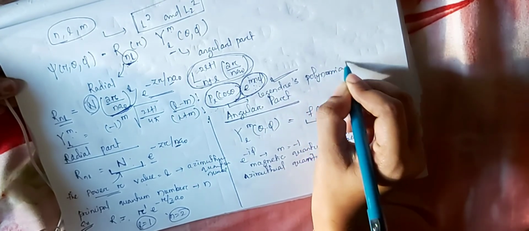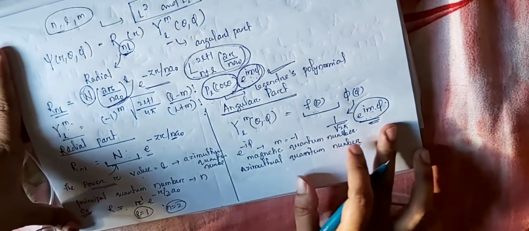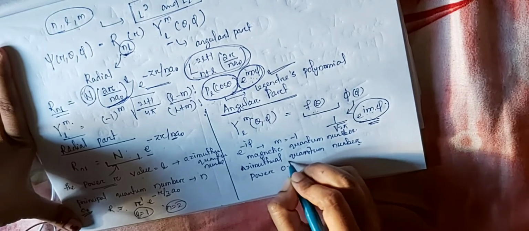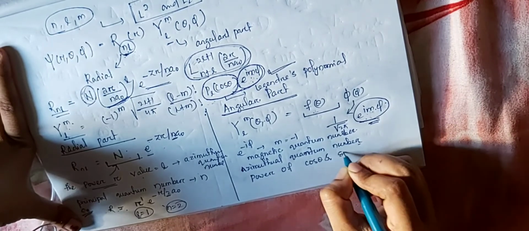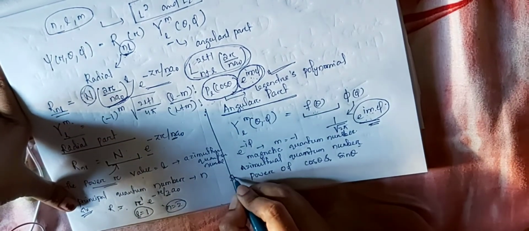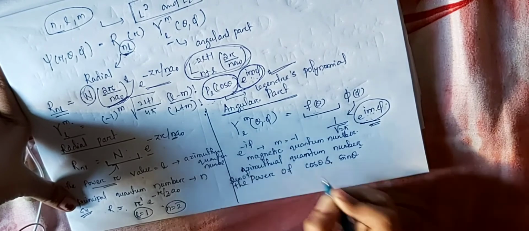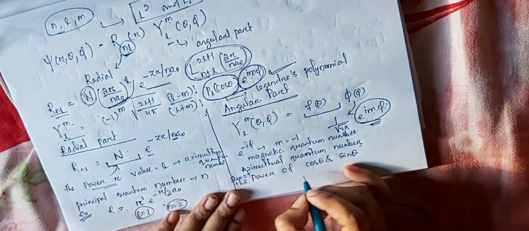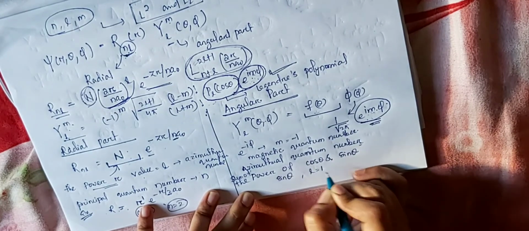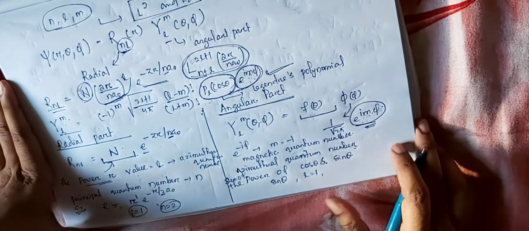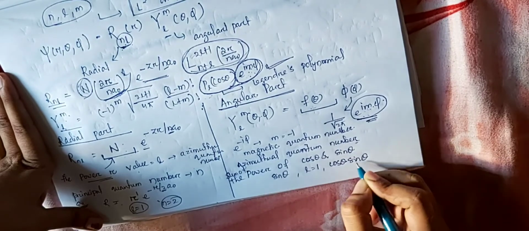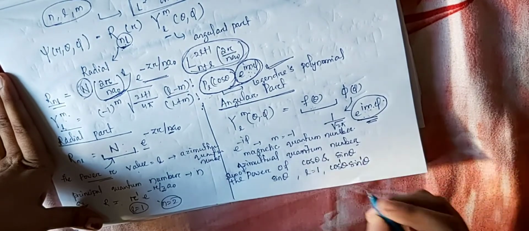Okay, so to find out the value of L, I have to check the power of cos theta and sin theta. There will be some terms like cos theta, sin theta and all. So we have to check the sum of the power of cos theta and sin theta. Okay, let me take, if there is sin theta only, my value of L will be equal to 1. If there is some term like cos theta into sin theta, I have to take here sin power 1 and here cos power is 1.